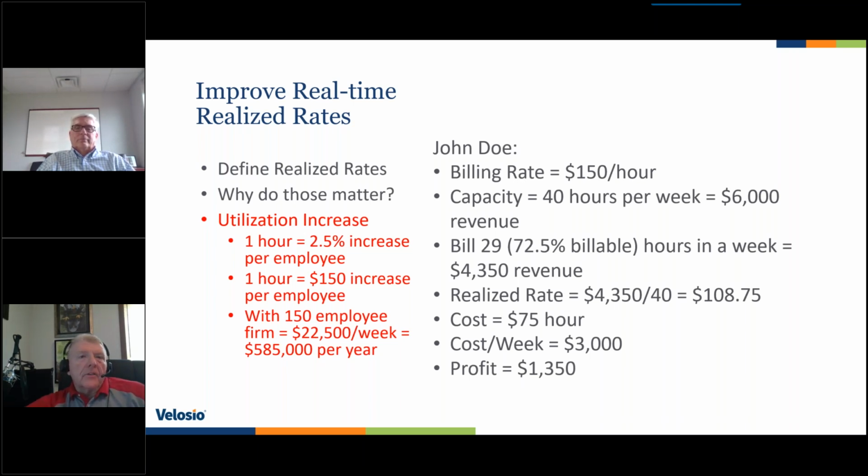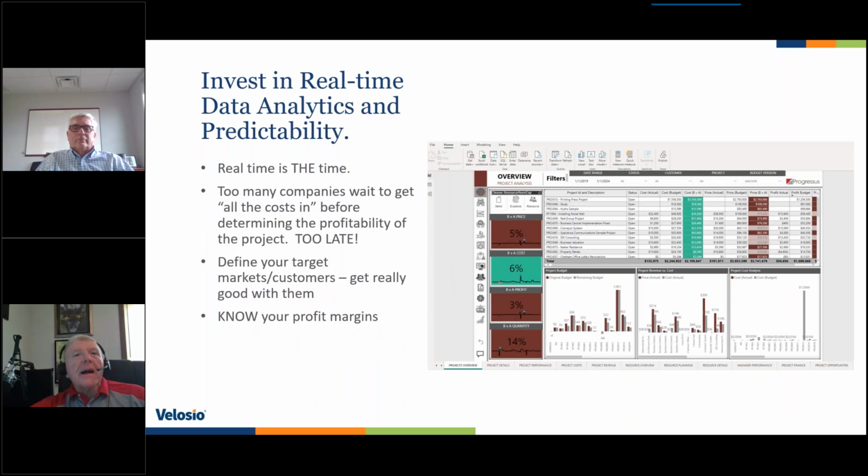Well, the next question from that is, if we are doing that, how do we know that we're doing that? So one of the other big 5 tips is you've got to invest in real-time data analytics that provide you not only profit and project profitability information, but also predictability and forecasting. And in our world, real time is the key.